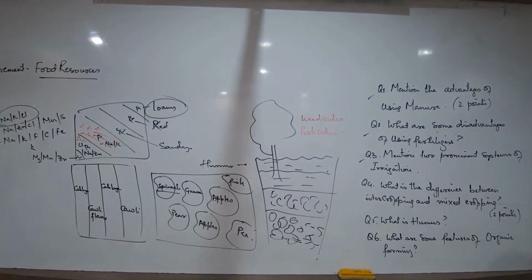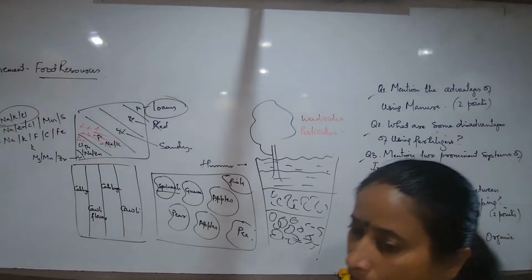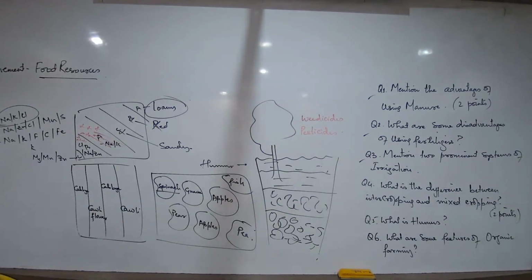Rather, bioagents such as blue-green algae, neem or turmeric can be used.